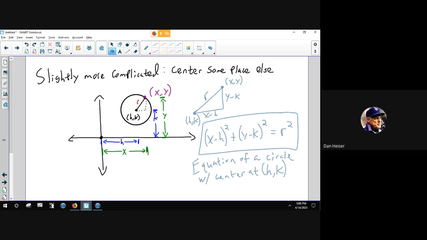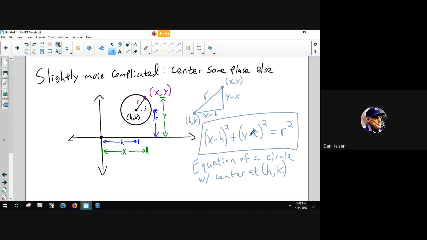Basically, we took our center and we shifted it over, we shifted it up. Had we gone down here, we'd go right and down. This is right and up. If we go down, we're subtracting a negative number.